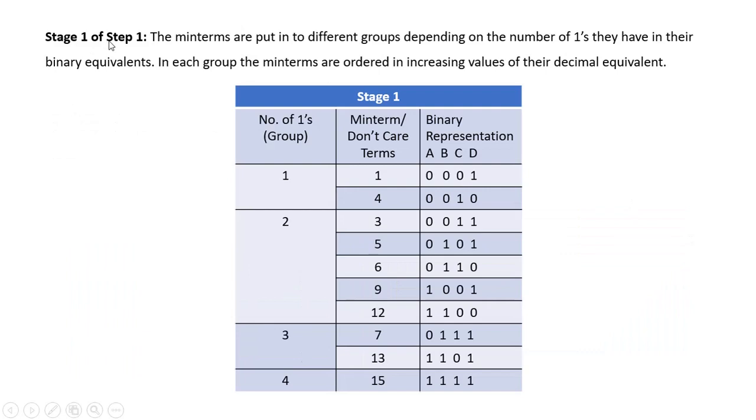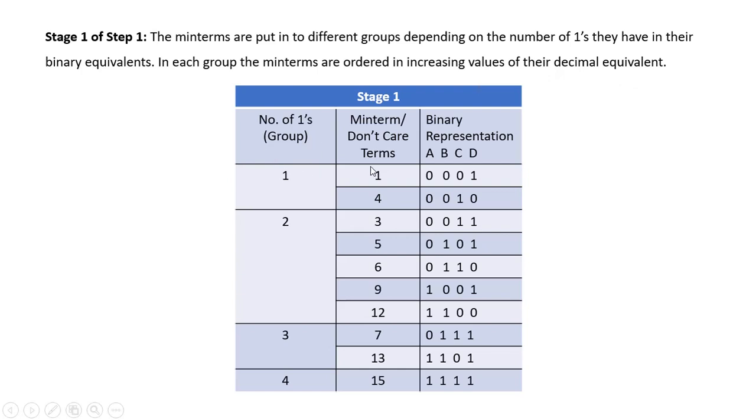After that, stage 1 of step 1. We have different stages in step 1 where we will find the prime implicants. Now the minterms are put in different groups depending on the number of ones which they have in their binary equivalents. Now in each group the minterms are ordered in increasing values of their decimal equivalent.